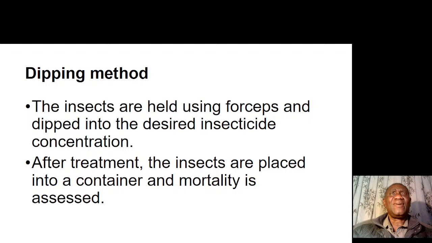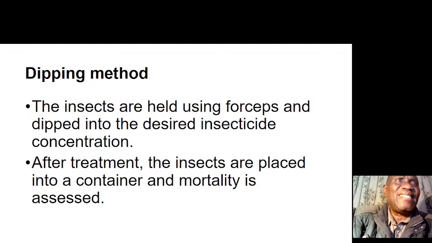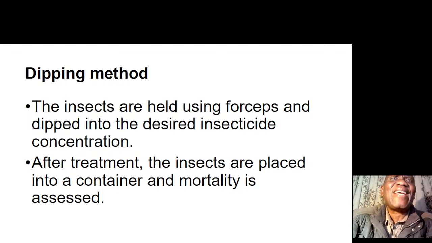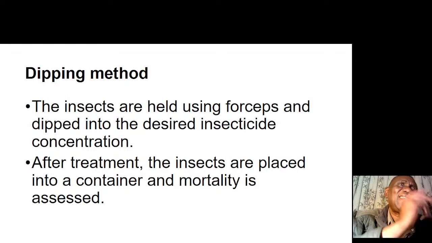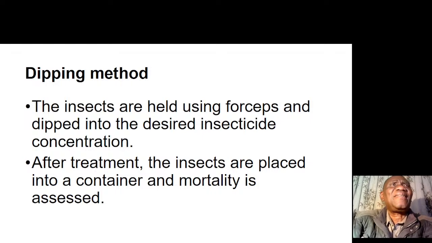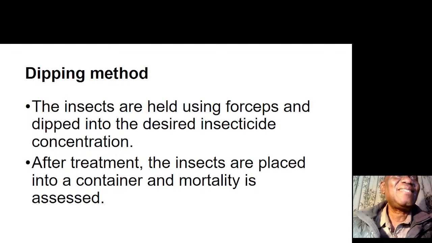There is also another method known as the dipping method. Remember, we are trying to evaluate the pesticides so that we have an idea of how toxic they are. In the dipping method, we take the insects using forceps to hold them, and you dip the insect in the desired insecticide concentration.